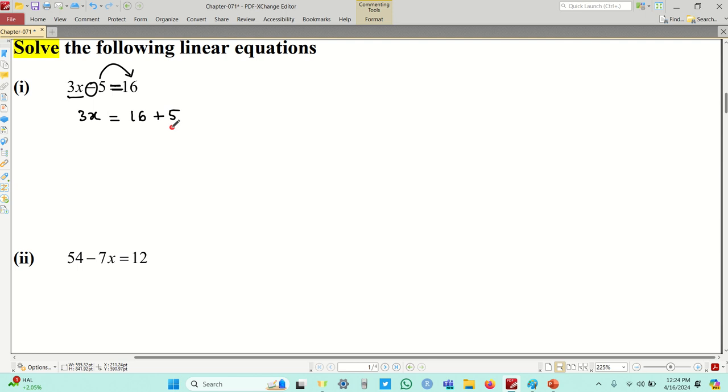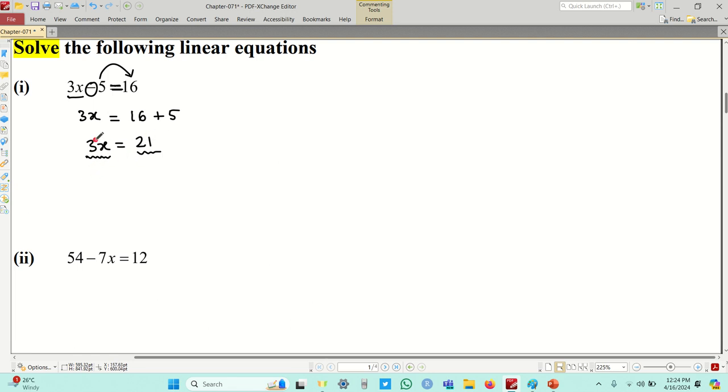Please remember. Okay. So negative 5 will change into plus 5. So now 3x is equal to how much? 16 plus 5, 21. So now you can see the variable term here, the constant term here. So this is step number one. You need to put all variable terms on one side and all constant terms on the other side.